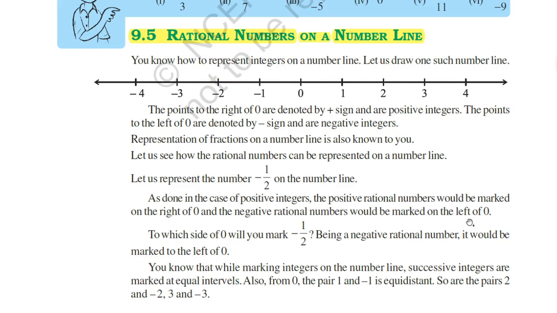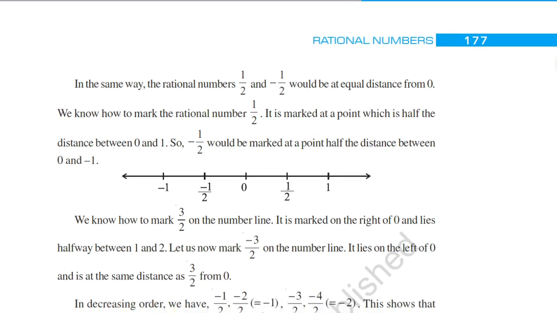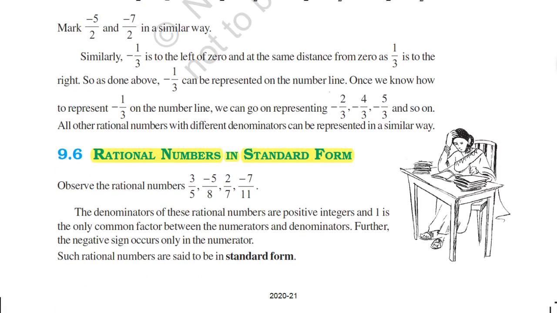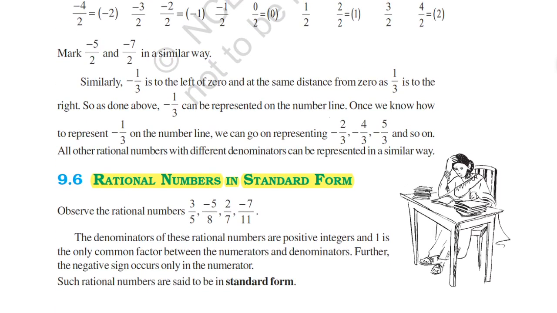So now we will move to the next one, that is rational number in a standard form. Basically I have already discussed it. So here are some rational numbers. 3 by 5. Now we can say 3 by 5 is in standard form. Why?